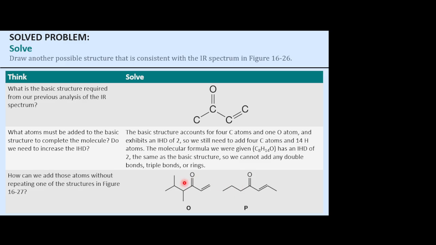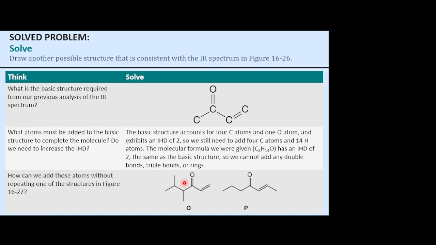Over here, notice we just rearrange some of the branching a bit. We still have that same complexity of CH stretches. Up to this point, without doing a full spectroscopic analysis where we assign every single peak, we probably couldn't differentiate between these.